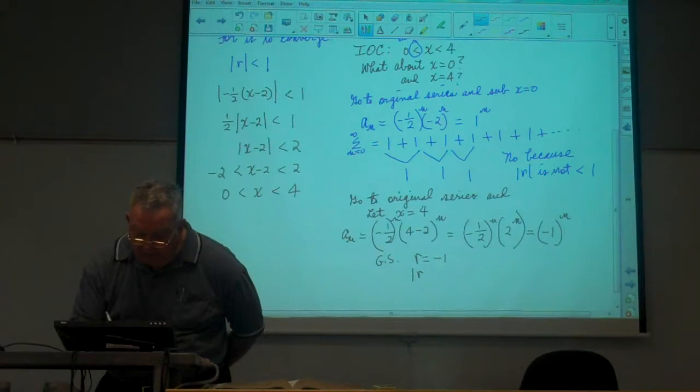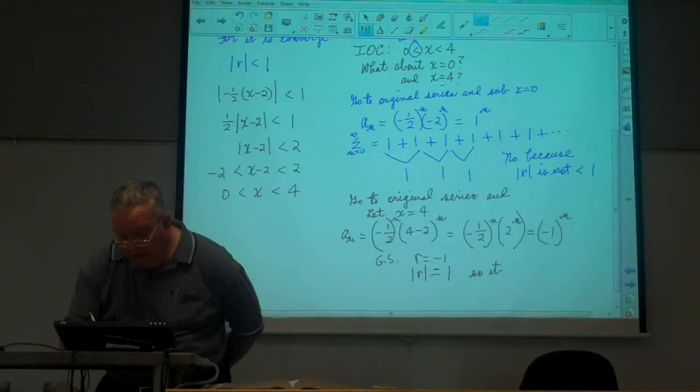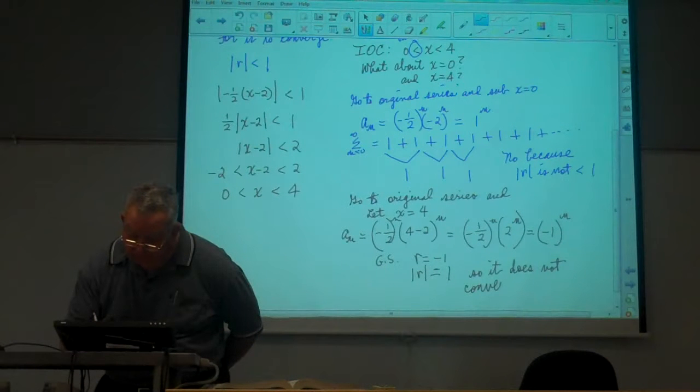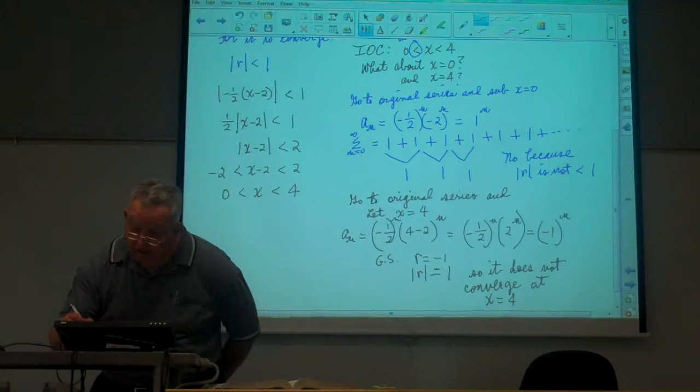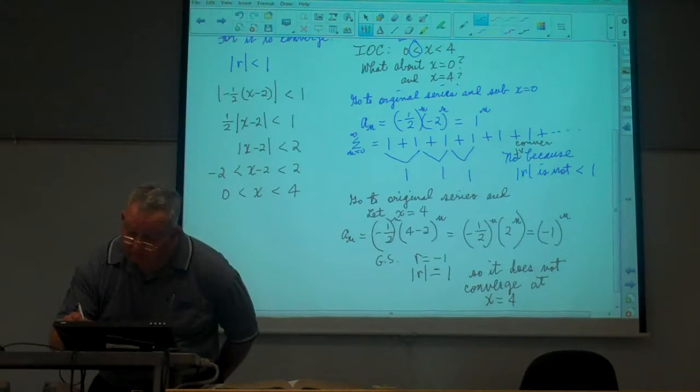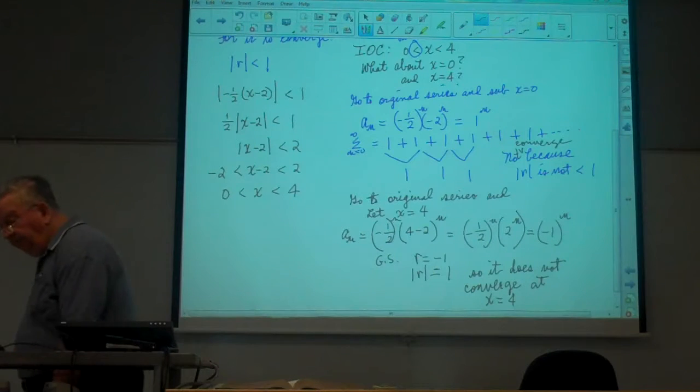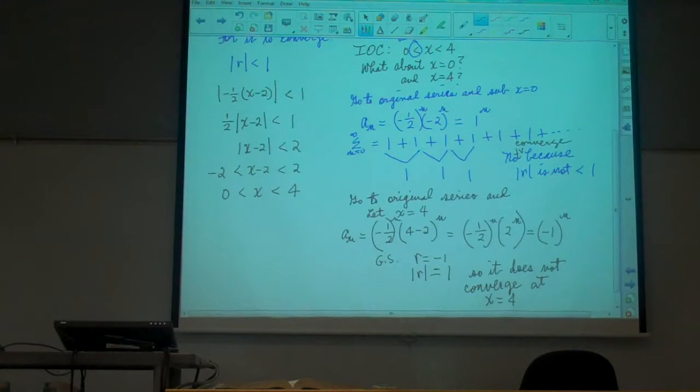So the absolute value of R is equal to 1, so it does not converge at x equal 4. For the same reason, right? Everybody agree?